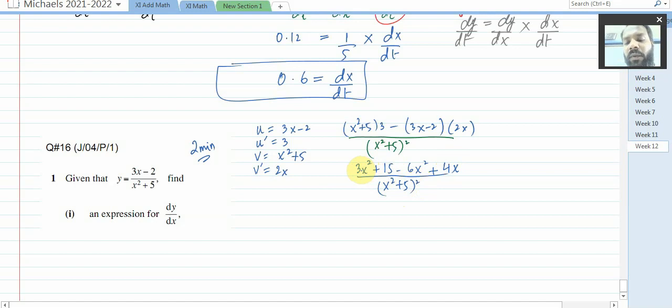So 3x squared and minus 6x squared is minus 3x squared. 15 and 4x are as they are, and in the denominator it's x squared plus 5, whole squared. Alright, we cannot simplify it further, so that is my answer to this one.